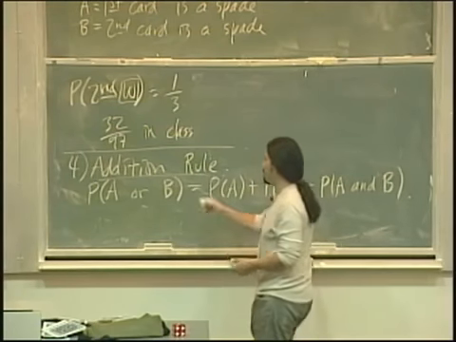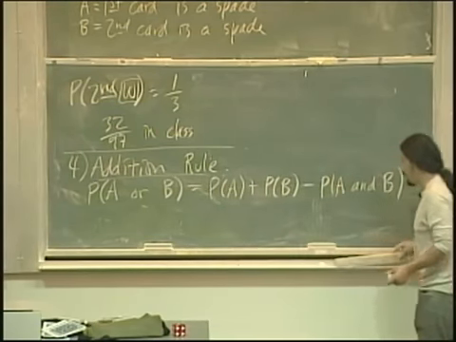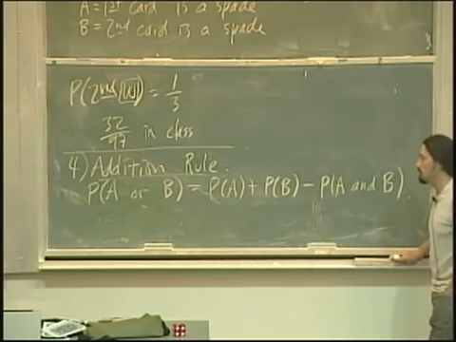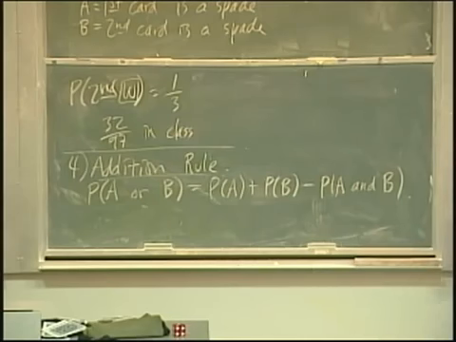So when I say A or B, in a probability problem, A or B means any time that event A happens or any time that event B happens. And I want to include the possibility that both might happen. So this is a little bit different than the use of the word or in regular English. In English, often we mean the word or to be sort of exclusive.